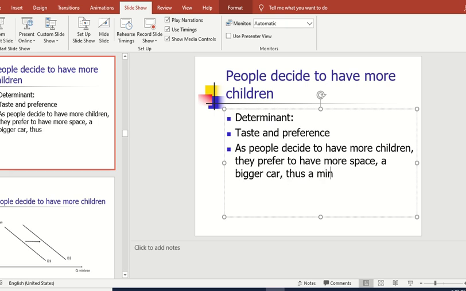That's a minivan, because a minivan is a bigger car. So as a result, what will happen to the demand? The demand for a minivan will increase.